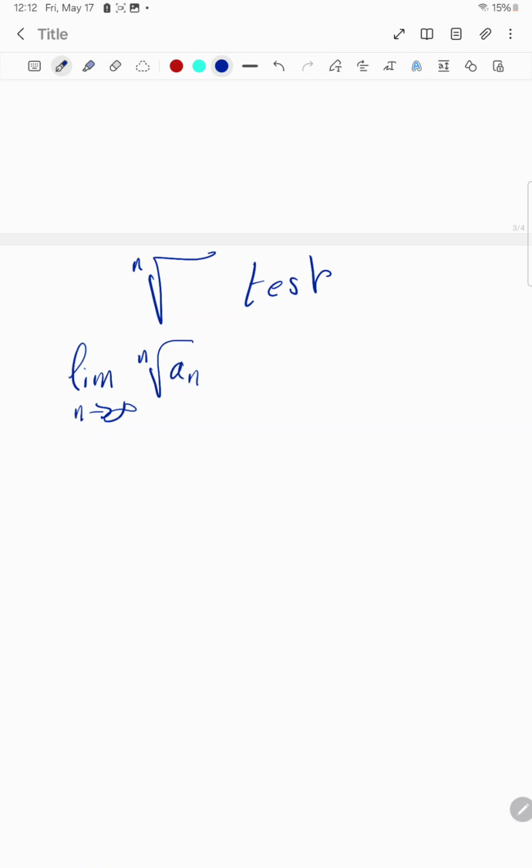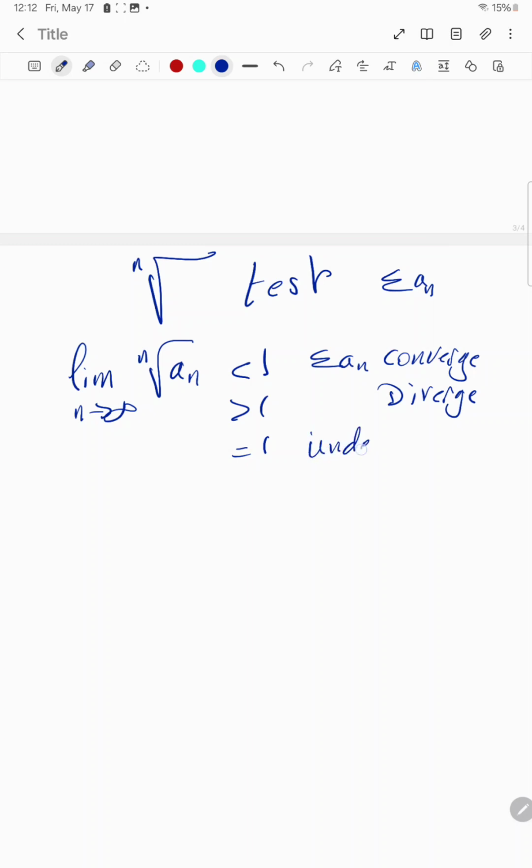Let's say that my series is a of n. If the limit is less than 1, the sum of a of n converges. If it is greater than 1, it diverges. And if it is equal to 1, we cannot determine. Undetermined.